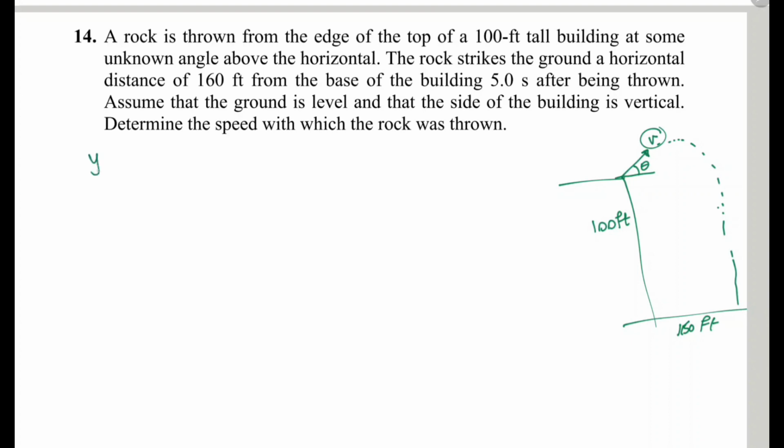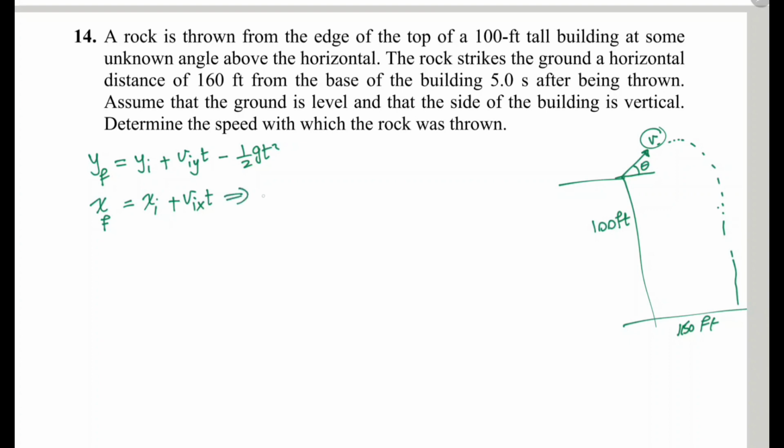So y final equals y initial plus the initial y t minus half g t squared. X final equals x initial plus the initial x t.